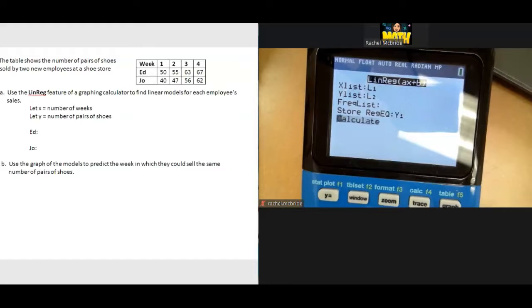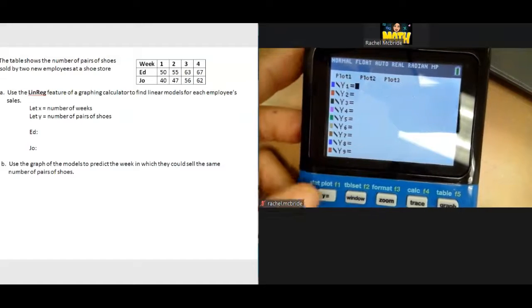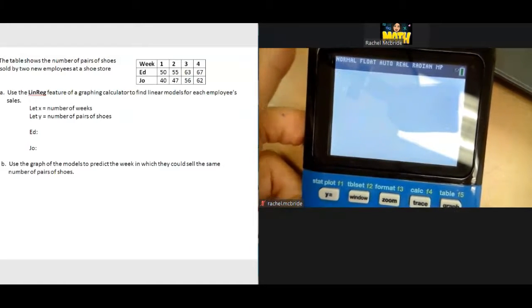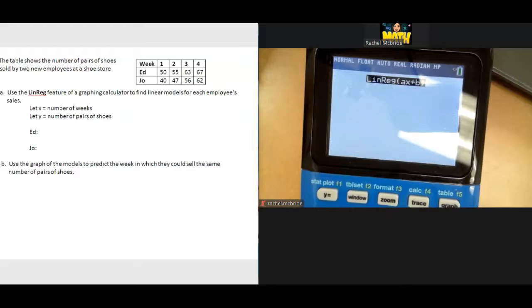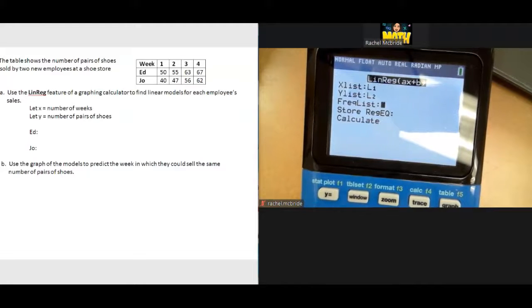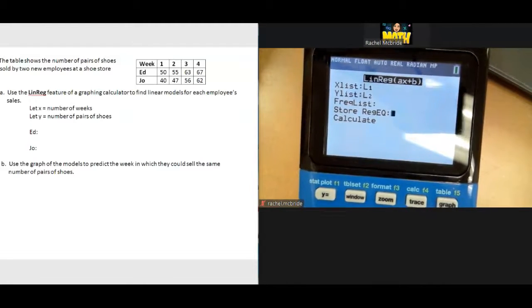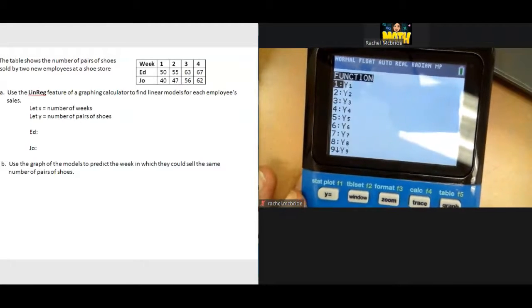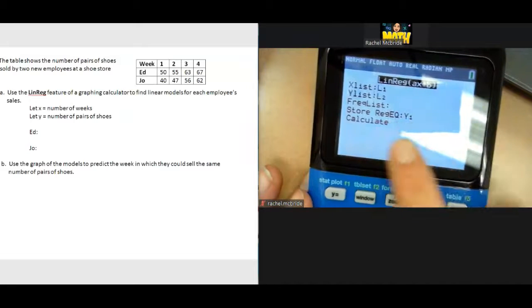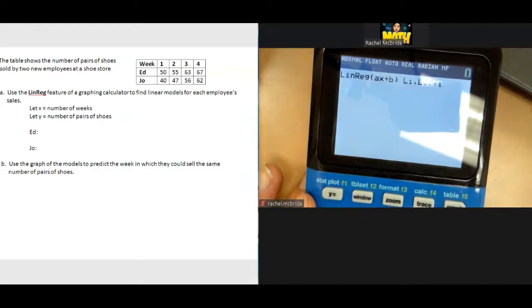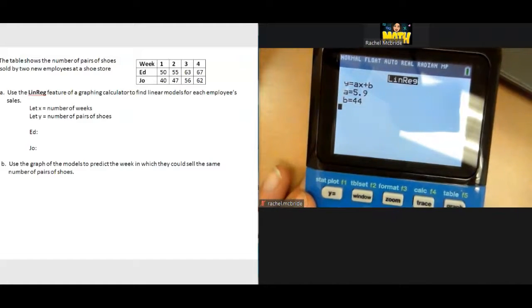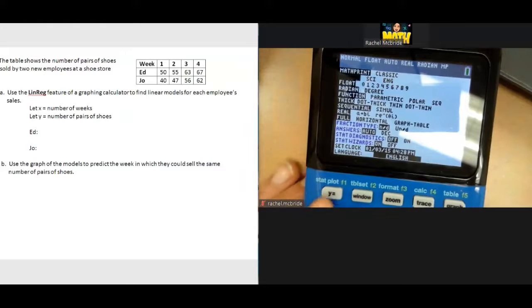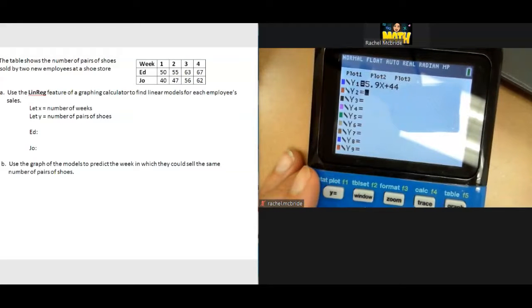Under store regression, you're going to hit vars, y vars, function y1, so that it will put this equation in your y1. That's the problem. I wasn't under store. Got it.